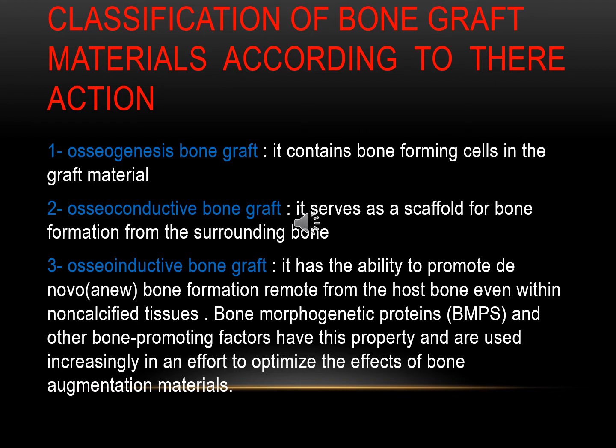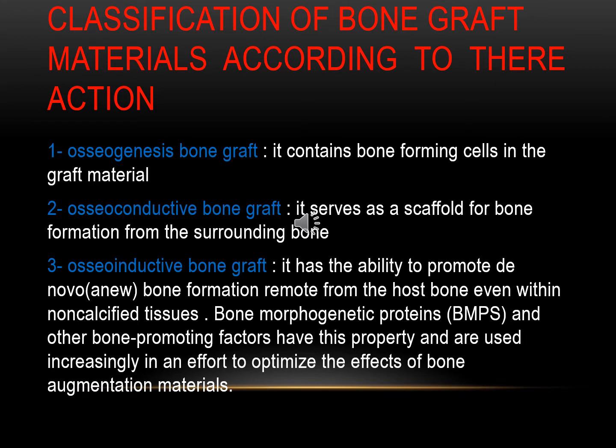Third type of bone graft is osteoinductive bone graft. This material is filler material, but inside this material there are growth factors which can stimulate the bone formation.